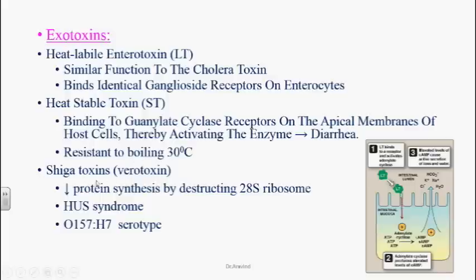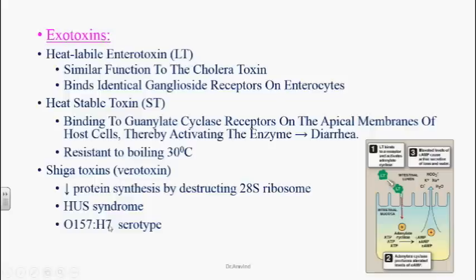These Shiga-like toxins are produced by a serotype of E. coli called O157:H7, and this Shiga toxin inhibits protein synthesis by cleaving the 28S ribosomal RNA. This leads to a complication called HUS, hemolytic uremic syndrome, where we see microangiopathic hemolytic anemia, thrombocytopenia, and renal failure. Especially children and elderly people get affected.